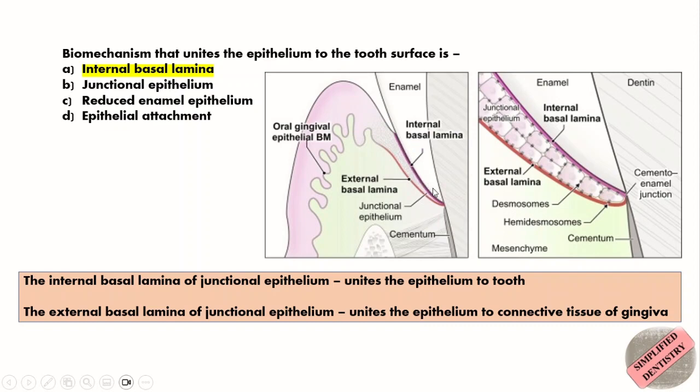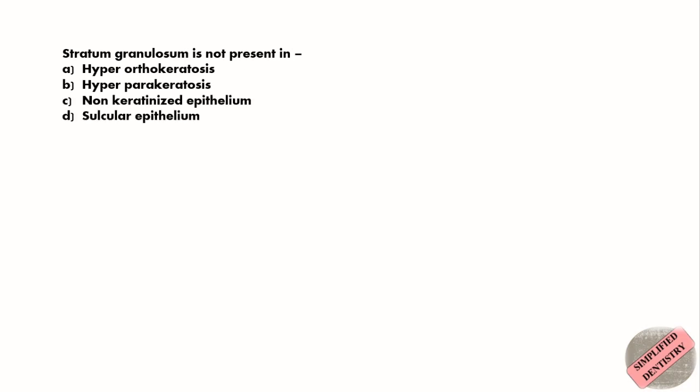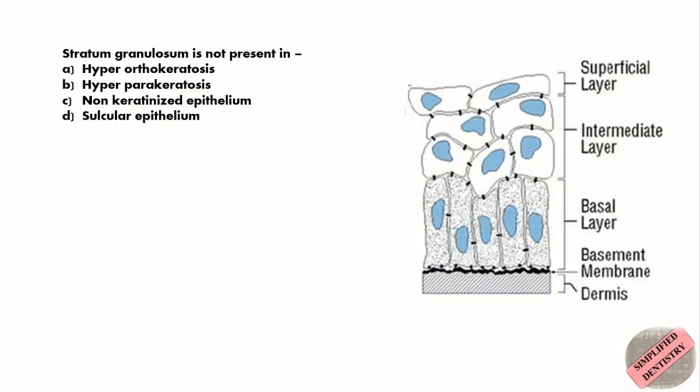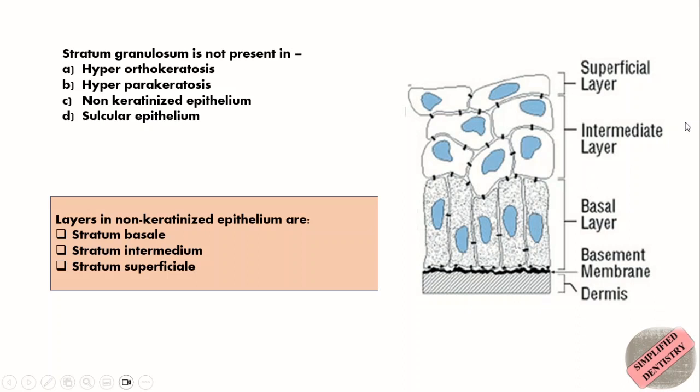Next question is, stratum granulosum is not present in, options are option A, hyperorthokeratosis, option B, hyperparakeratosis, option C, non-keratinized epithelium, and option D, sulcular epithelium. So, as we all know, the non-keratinized epithelium has three layers: stratum basale, stratum intermedium, and stratum superficiale.